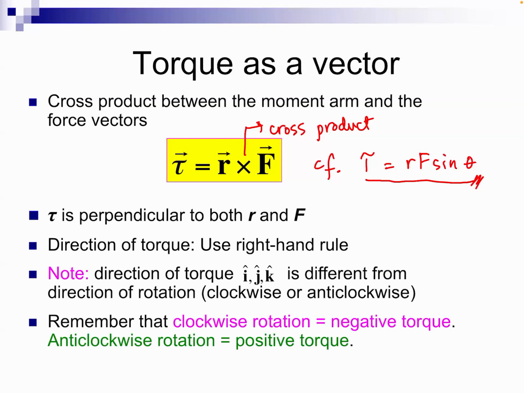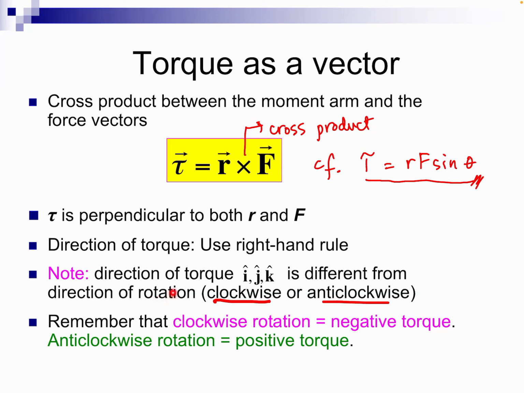So just a few notes. The direction of torque will actually come from the cross product, from the right-hand rule that we learned. The clockwise or anti-clockwise direction is the direction of rotation that the force will create on the object.